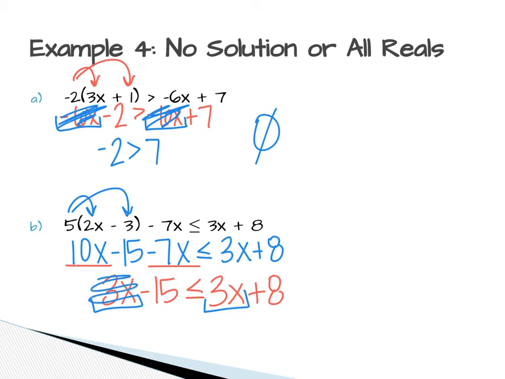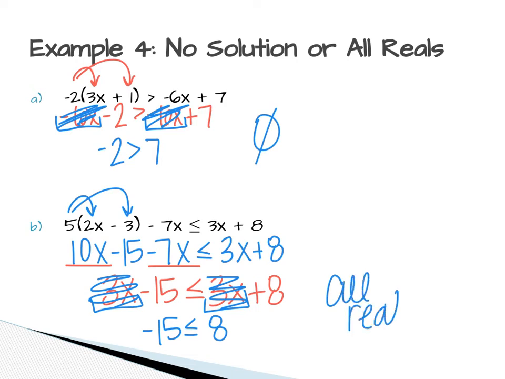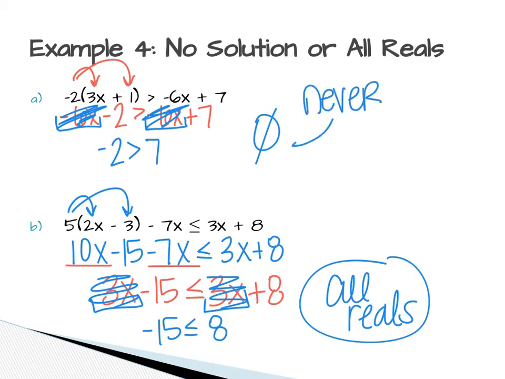Same sign, number, and variable on opposite sides, so we're going to mark them out, and we get negative 15 is less than or equal to 8. That is always true, so my answer is going to be all real numbers. I like to say all reals. So never true, no solution. Always true, all real numbers.